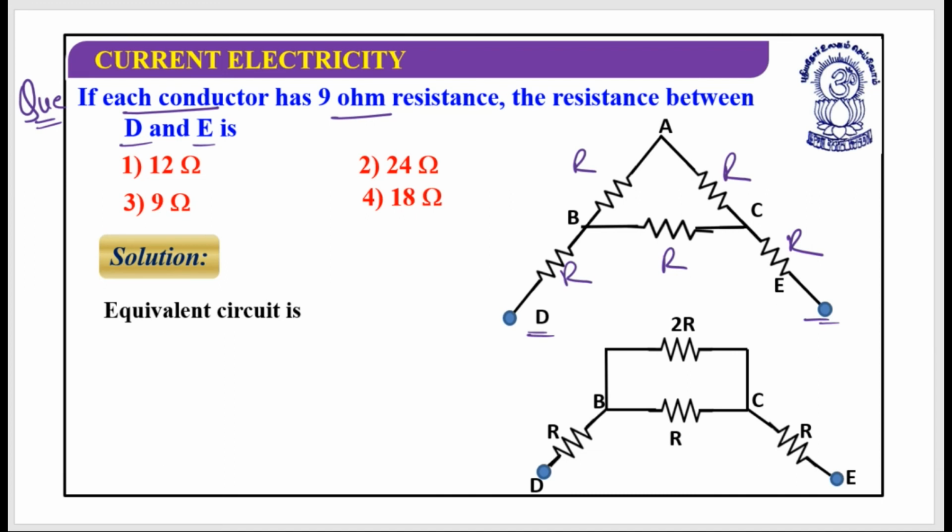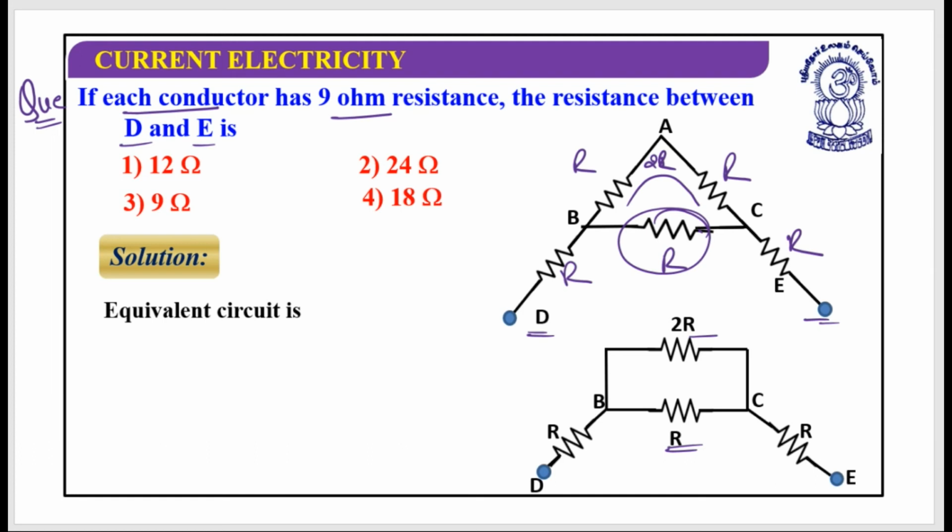What I can see is that these two resistors are in series, so R plus R is 2R, which is in parallel with this R. So this 2R and R are in parallel combination.